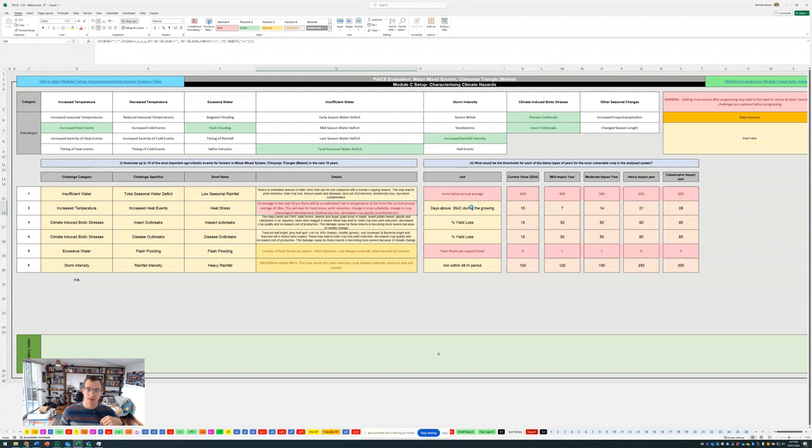So please update your definition here. Also want to check as we come down for insect and disease. This is specifically about climate-driven impact and disease. Make sure that when you go through this tool, you're thinking about because of climate, insects are getting worse, or because of climate, diseases are getting worse.